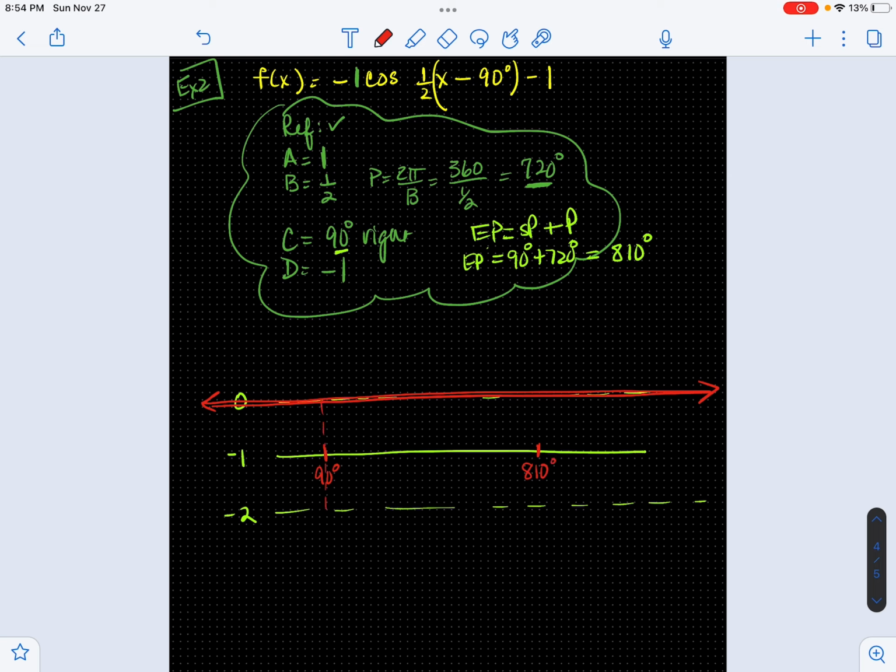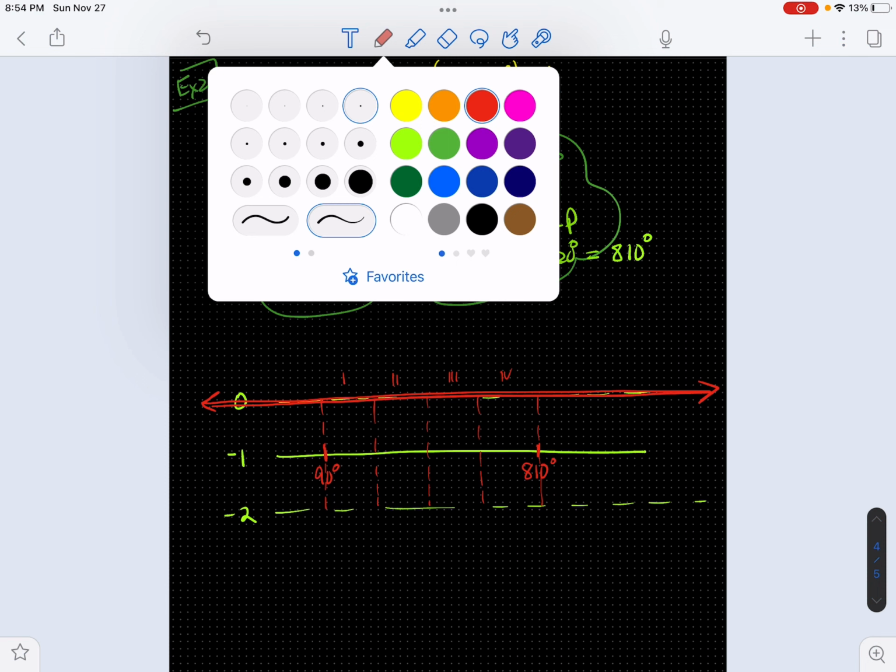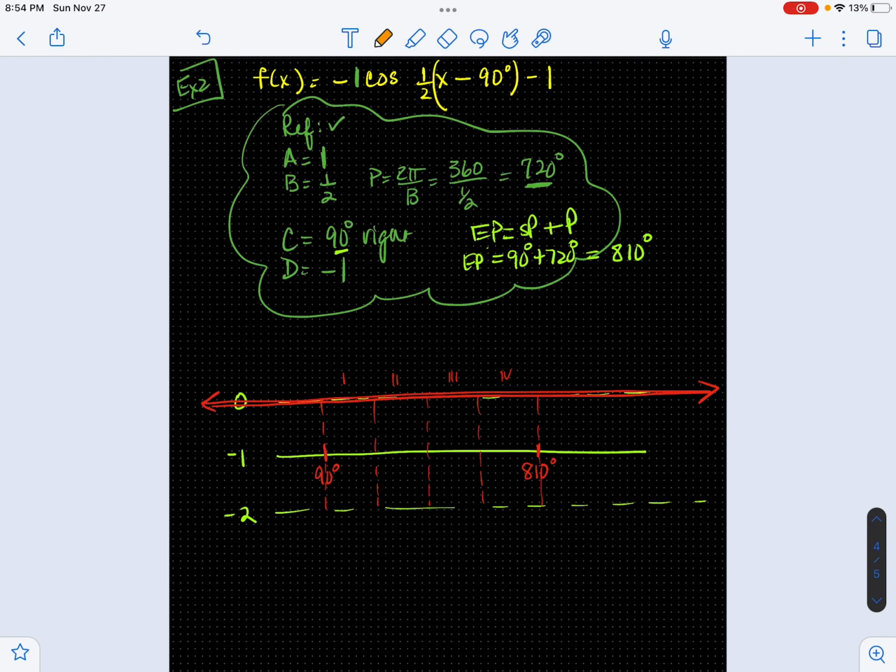It's time to get the quadrants going. Halfway. And then quadrant 3 and 4. Got that. And what's going to be in the middle of 90 and 810? So the period is 720, right? Half of that is 360.